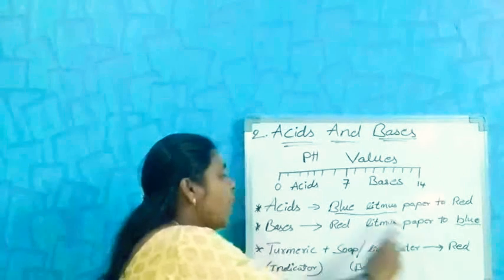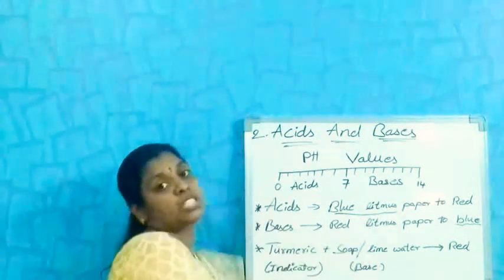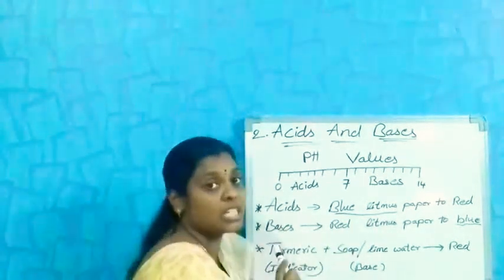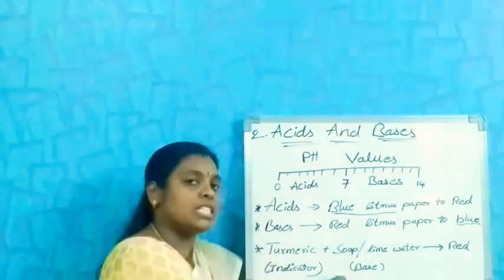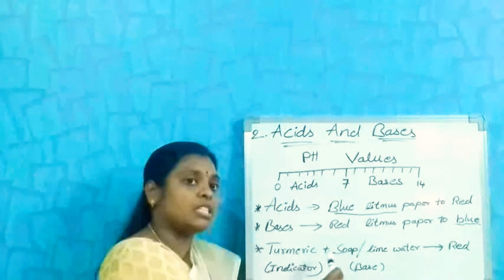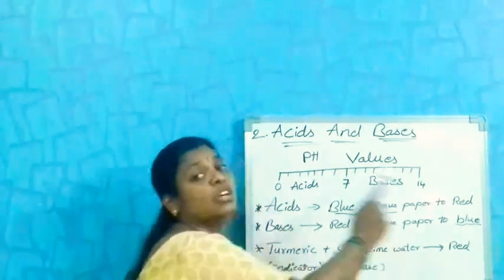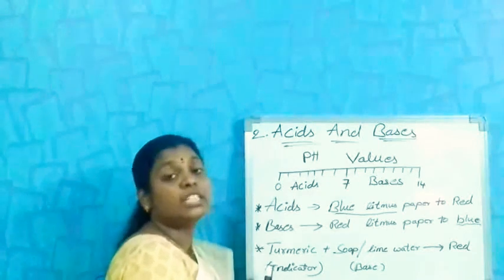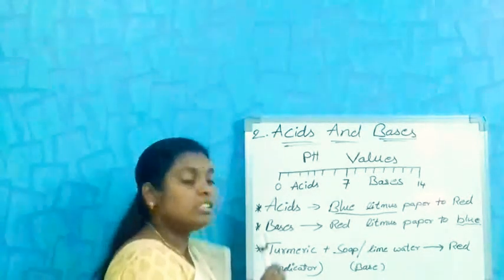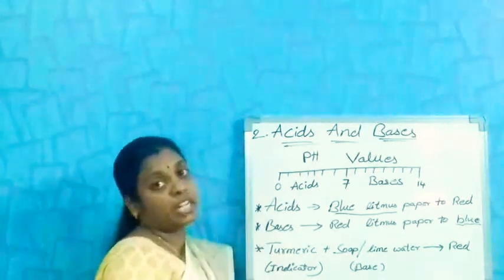Here the blue litmus paper turns acid to red. Now why does the soap, which is a base, also turn red? Here the turmeric, an indicator, turns the base to red color.